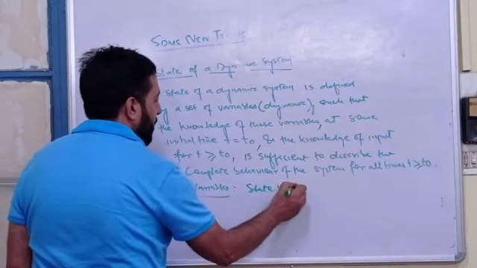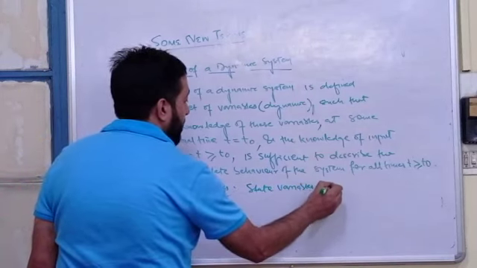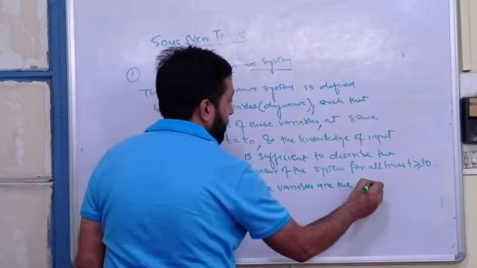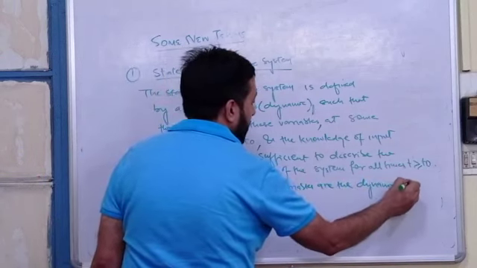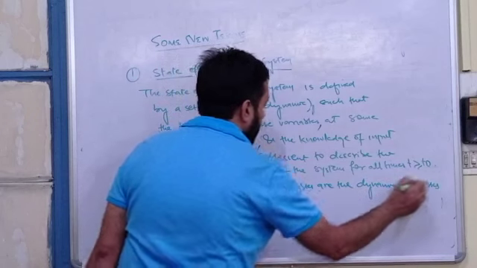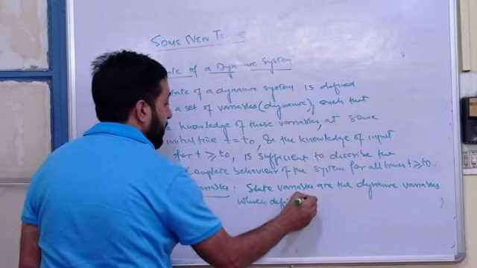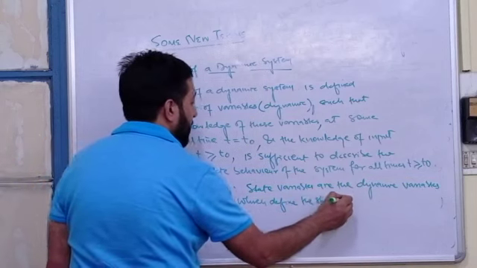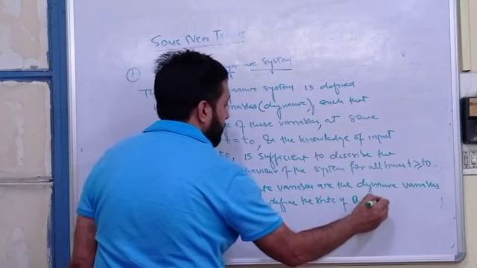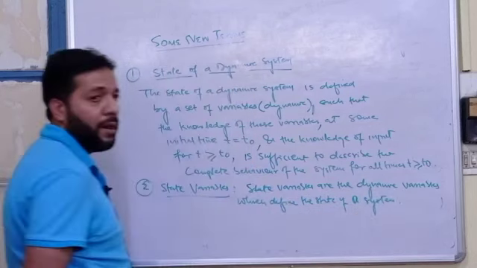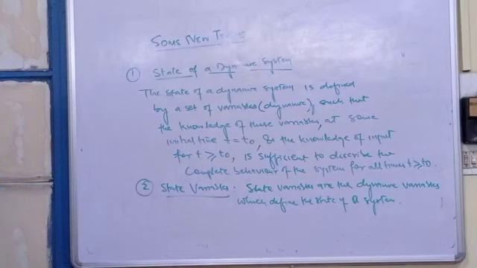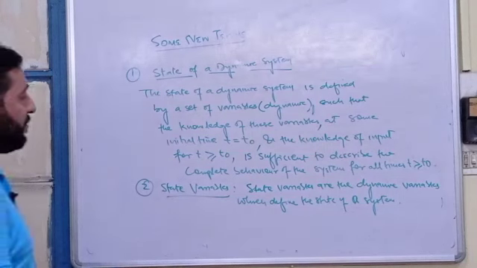State variables are the dynamic variables which define the state of a system. Are you getting me? Yeah, which define the dynamics of a system. Yeah, which define the behavior of the system. They are known as the state variables. Are you getting me?